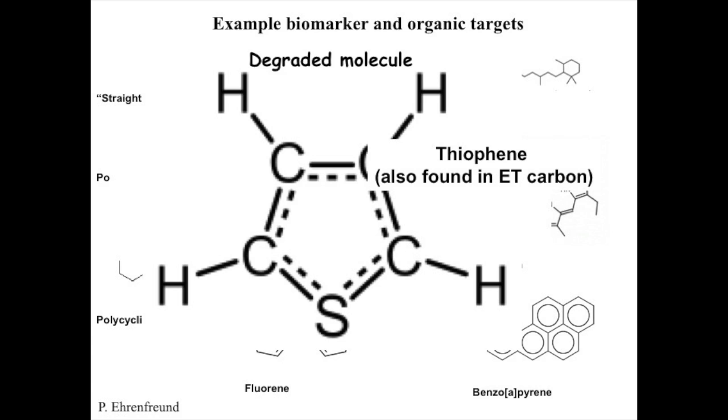For instance, this molecule, thiophene, is a sulfur-containing aromatic molecule. We can find this molecule in organic matter that's 3.5 billion years old, and I'll show you the documentation of that. However, this molecule is also found in carbon in meteorites.